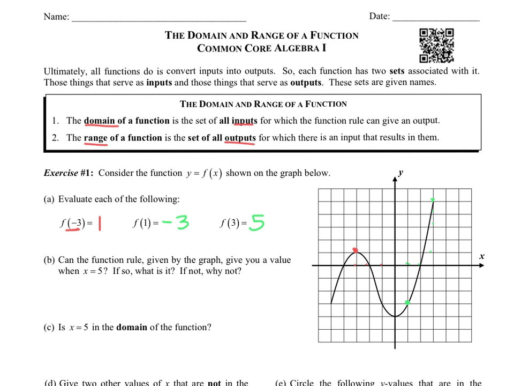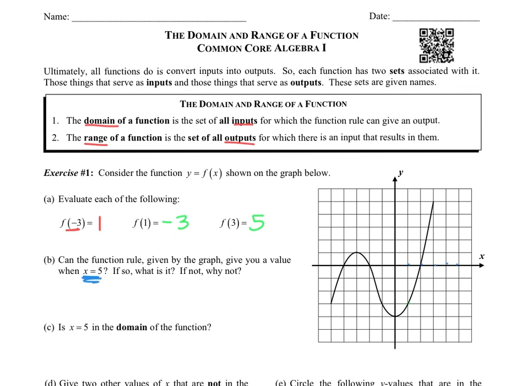Part B says, can the function rule given by this graph, so again, that graph is our function, can it give us a value when x is 5? Well, when x is 5, there's nothing on that graph. 1, 2, 3, 4, 5. If I look up or down, there's nothing on that graph. So we can't have an output value for an input of 5.